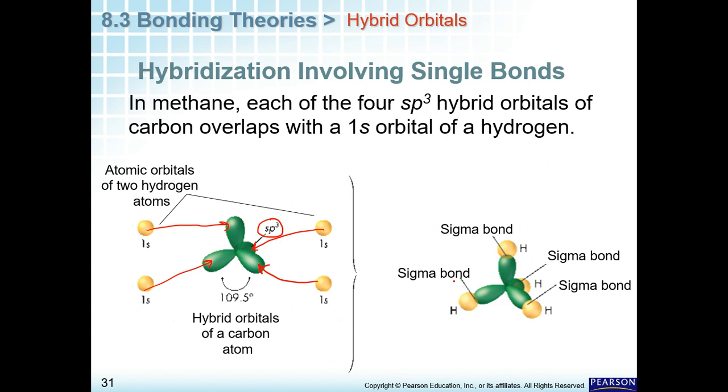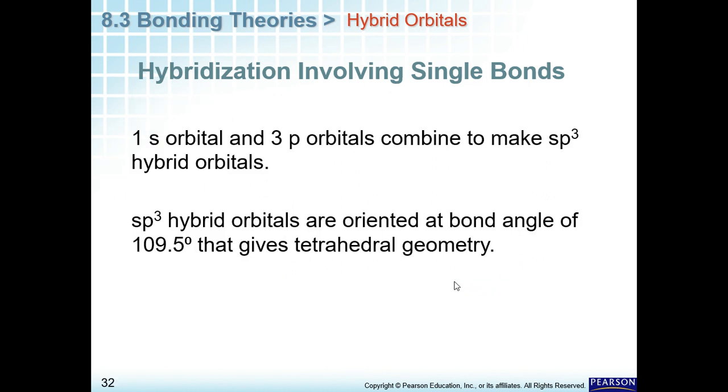So I can make 4 sigma bonds. Please note that 1 s and 3 p orbitals make up an sp3 hybrid. These hybrids are also related to the shape, so here I have a tetrahedral shape.